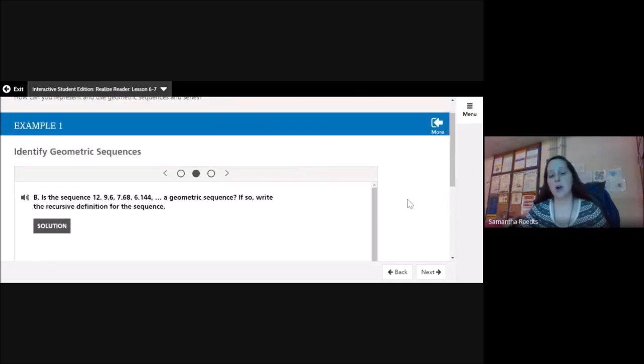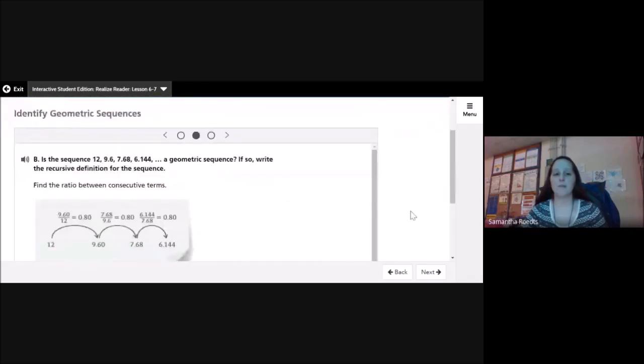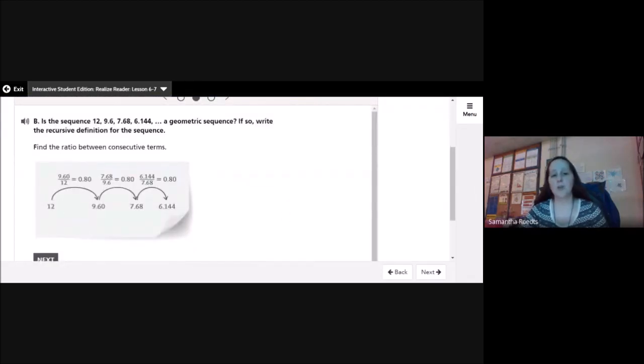B, is the sequence 12, 9.6, 7.68, 6.144 a geometric sequence? If so, write the recursive definition for the sequence. So I find the ratio between the consecutive terms. So 9.6 divided by 12 equals 0.8. 7.68 divided by 9.6 equals 0.80.